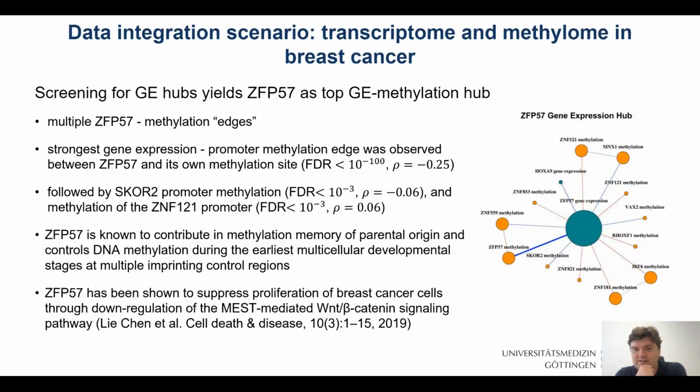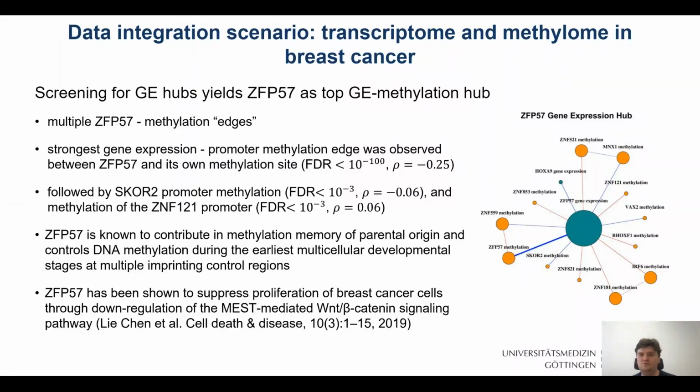So it's very likely that it's really this effect I just mentioned of gene expression repression via promoter methylation. Then it's followed, for instance, by SCORE2 or another zinc finger protein, CNF121. Now we have this gene expression variable CFP57, and it affects a lot of methylation sites.